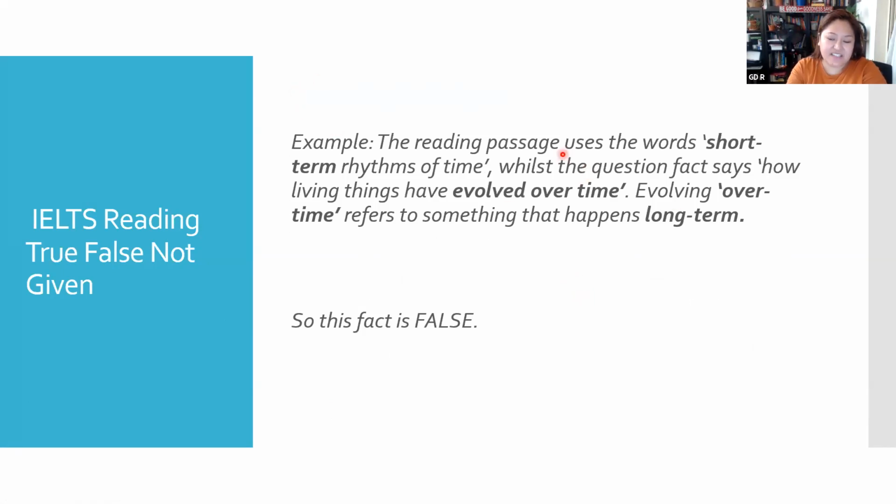So the reading passage uses the words short-term rhythms of time, while the question fact says how living things have evolved over time. Evolving over time refers to something that happens on the long run, on a long-term basis. So this one is false. So you guys are correct. Okay, another example.